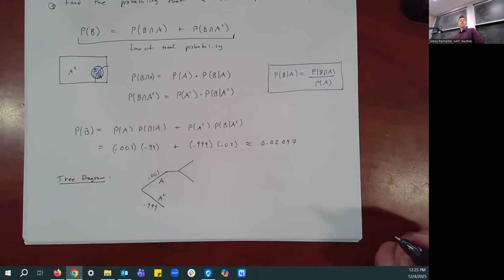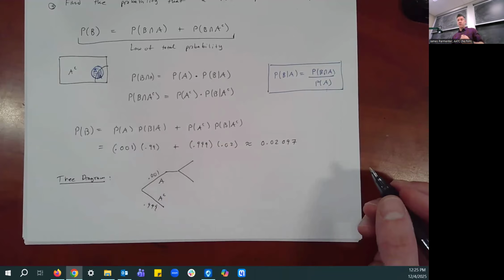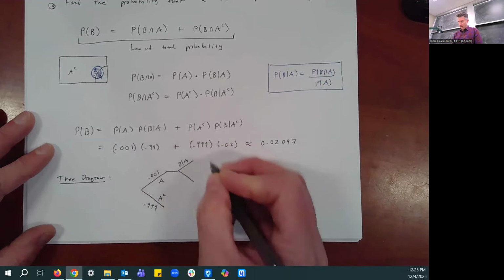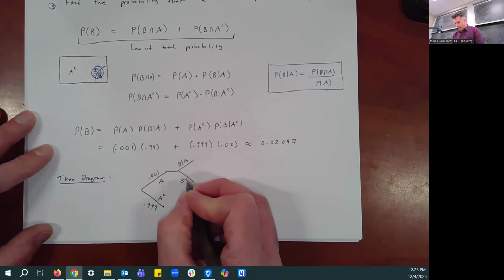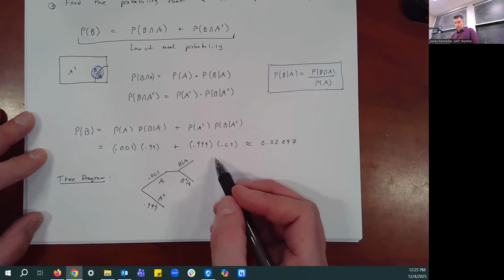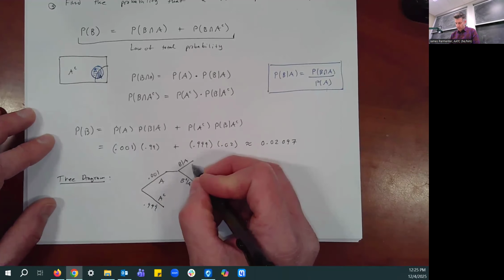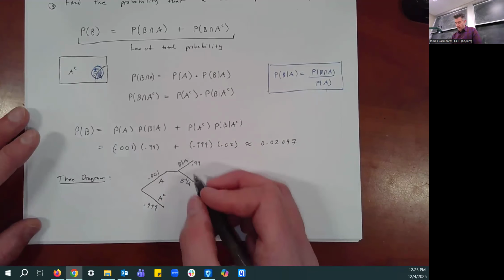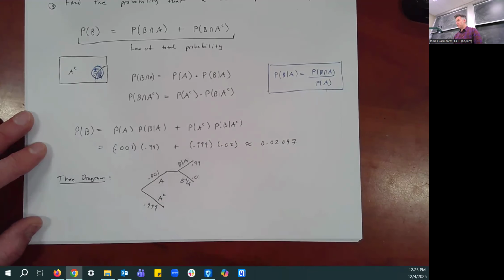But it's not just the probability of B or the probability of B complement. This is really B given A, and this is really B complement given A. So the probability of testing positive, given that you have the disease, we said was 99%. Meaning the probability of testing negative, a false negative, would be 1%.